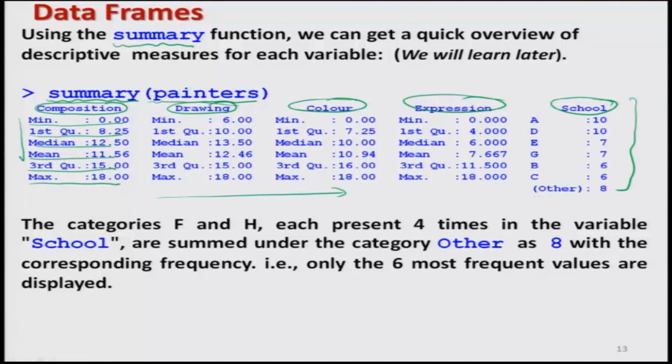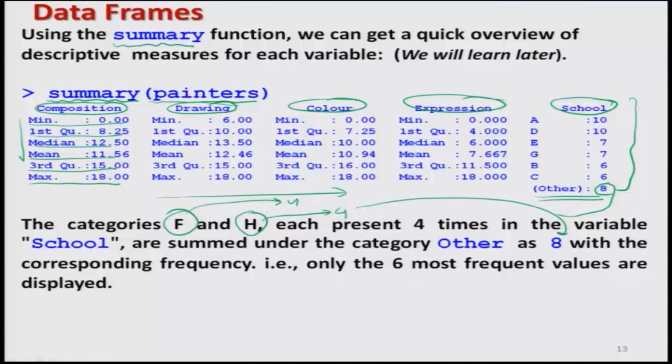And similarly there is something here called other. What is this other? If you remember, there are categories A, B, C, D, E, F, G, H, but here it is not showing the categories F and H under school. It is simply showing that F has 4 values and H has 4 values, which are taken together as these 8 values.